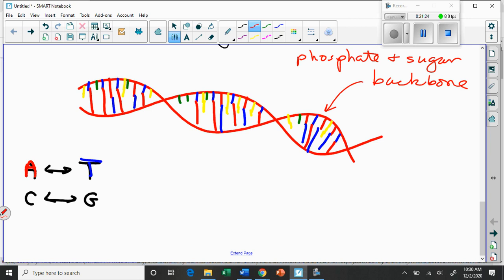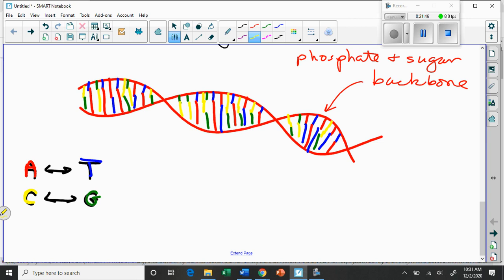Like that. And then, if we call C the yellow one, the C always has to attach to G, which is the green one, which means across from every yellow, there's a green. Like that. And across from every green, there is a yellow. Like that.